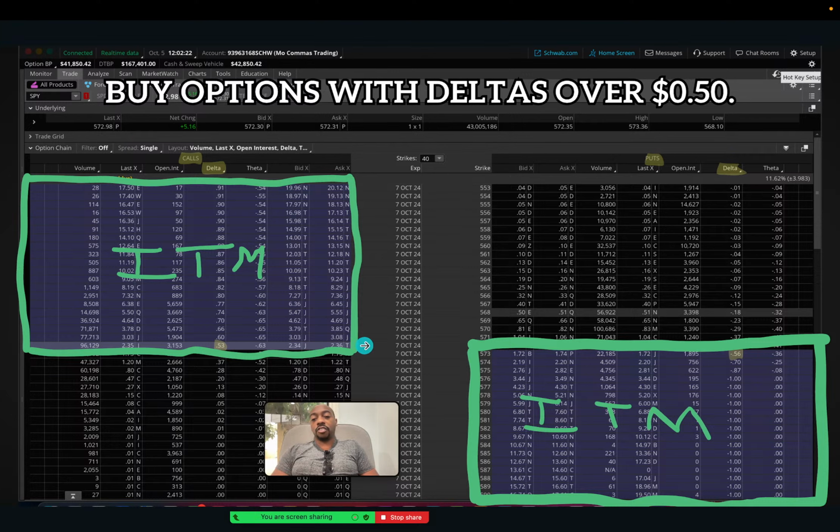That's why it has intrinsic value. It is already valuable. You're getting a dollar discount if you buy, but that's why it costs more to buy that option versus at a higher strike, where you wouldn't want to buy 100 shares of SPY at $574 if you could get them for $573, right?